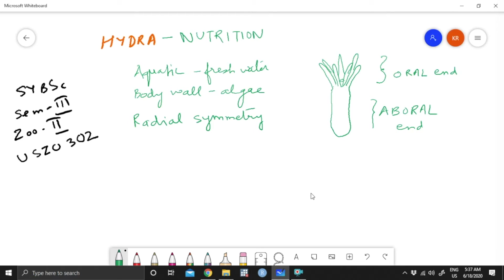I repeat over here. Food in the form of different organisms is captured by the tentacles and taken inside this cavity, which you can think of like a stomach, about which we will study in a few moments. Whatever is digested is absorbed by the body. Whatever is not digested comes out of the same opening.